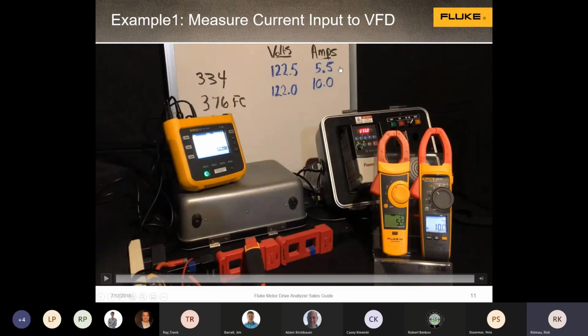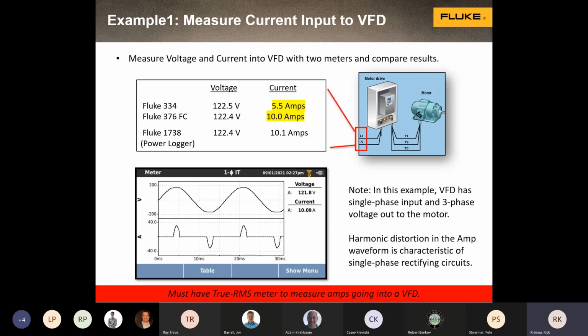It's here on the amp readings where they disagree. Do you think that the problem is one of them's better at measuring volts but not too good at amps, or what would you guess there? I don't know. I can't see the chat window, so I don't know if anyone offered an explanation.